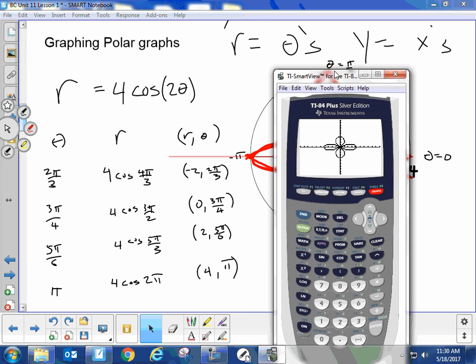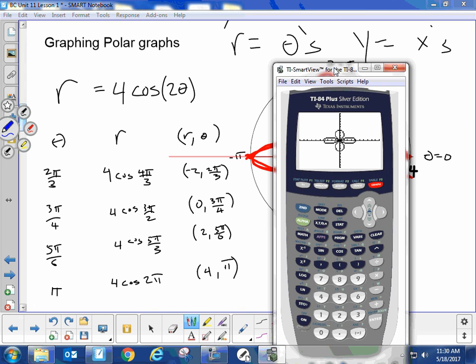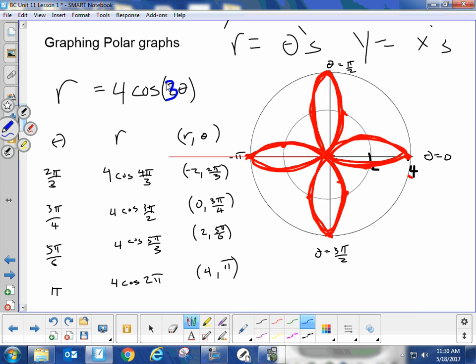And that's nice. All right, do me a favor. Go ahead and graph cosine of 3 theta. Cosine of 3 theta looks like this.